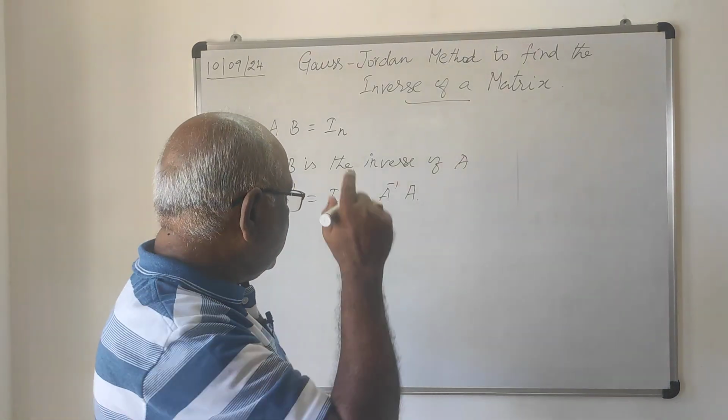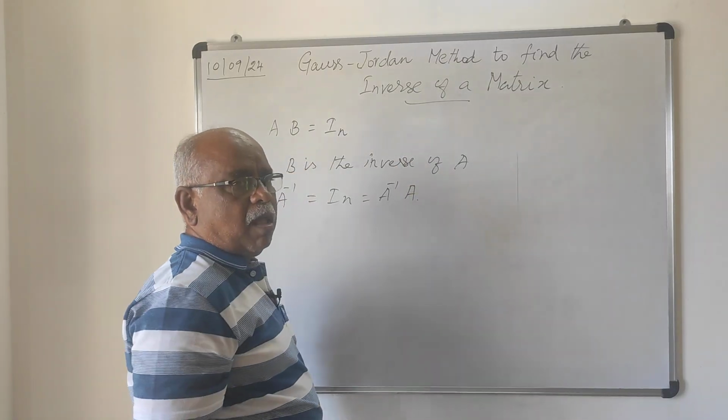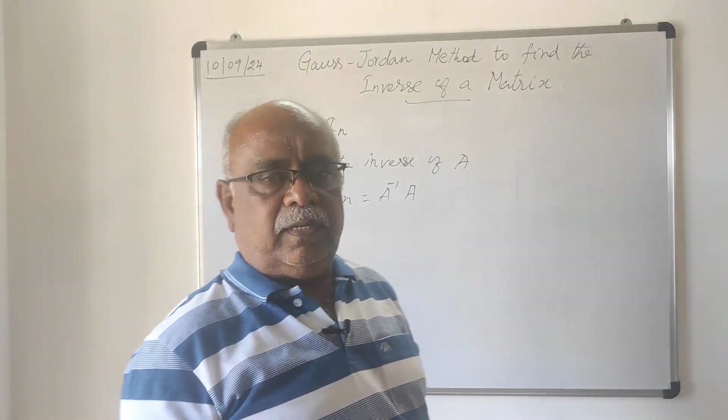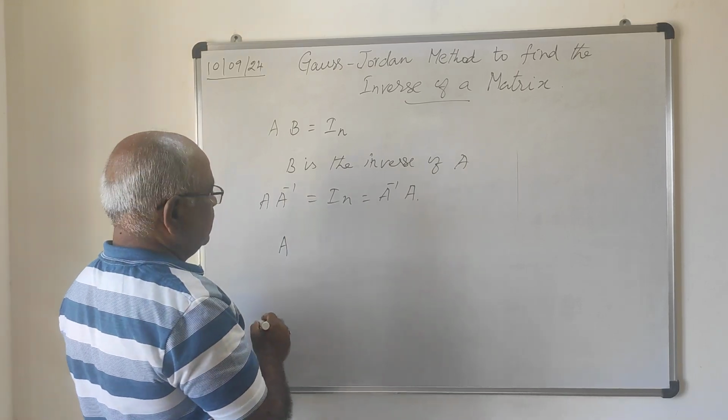We have to find out the inverse of the given matrix A by using the Gauss-Jordan method. What is the Gauss-Jordan method? Suppose A is a matrix of order n.